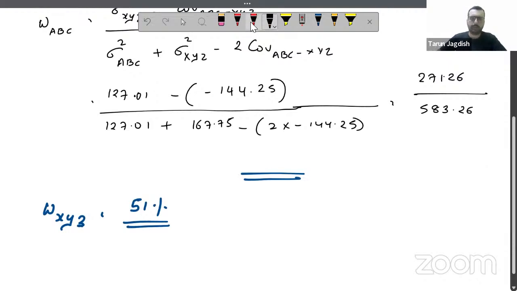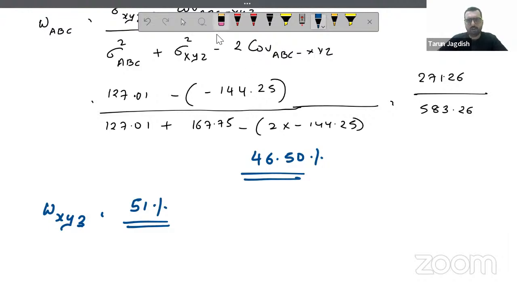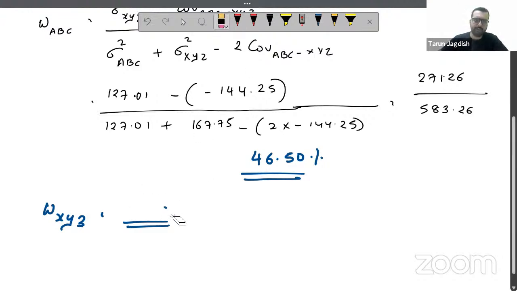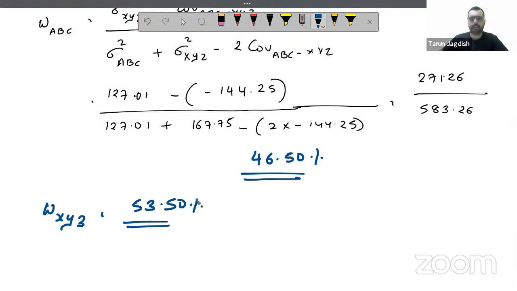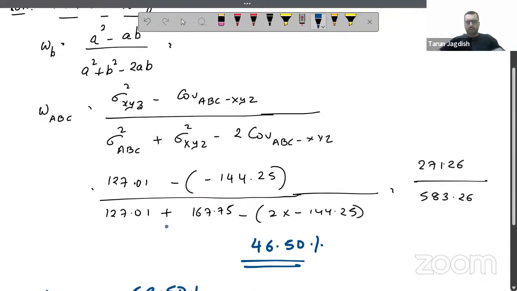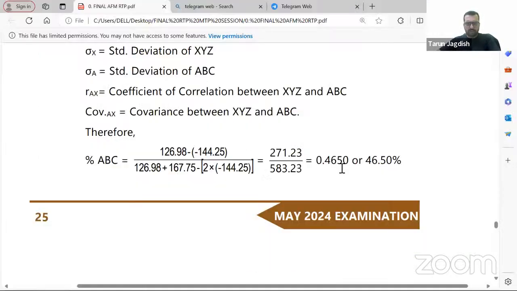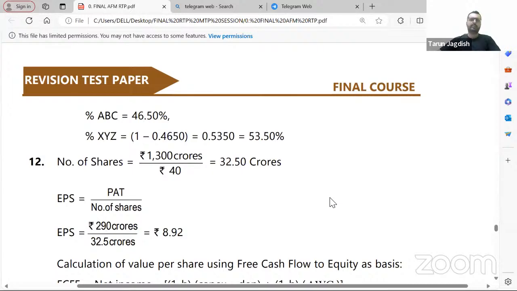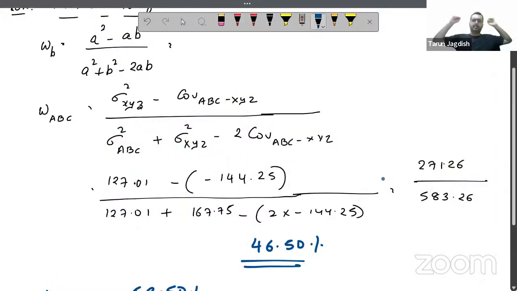What you said is right. Okay. So automatically here it will turn out to be how much, friends? 53.5%. 1 minute cool off time. Just go through this. If you have any doubts, let me know. Let's confirm, friends. Yes, 46.5, 53.5. Perfect.